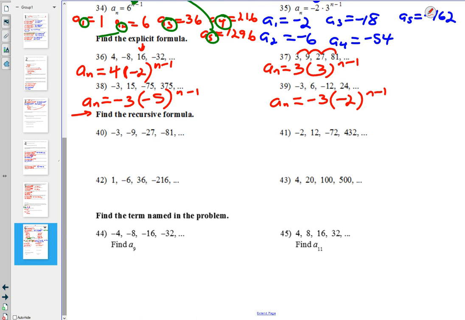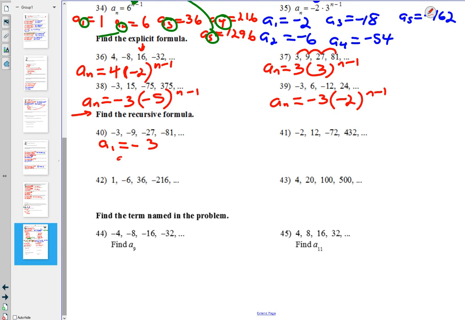I'm not sure how other teachers teach the kids how to write recursive formulas. I'm just going to hold you to the standard that I did. The way I always remember recursive is to split it up into two, instead of giving you everything in one equation. So for a recursive, you're going to write a sub 1 is equal to, what's the first number? -3.